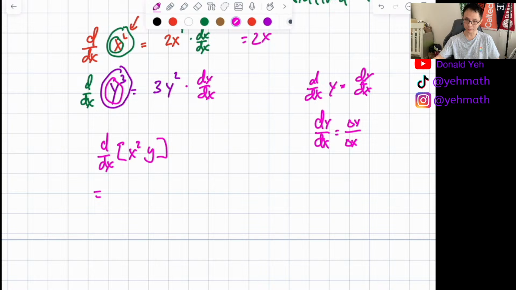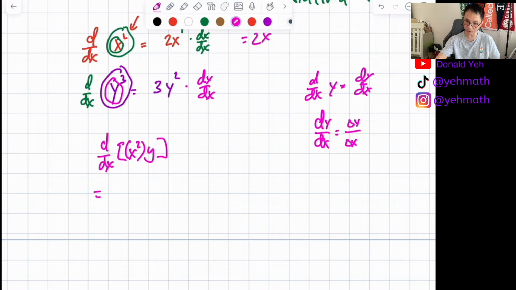Product rule. Good. So this means these two things are multiplied by each other, right? Because it's x squared times y. If it's x squared plus y, then it's not a product rule, but it's x squared times y. So there's a product rule. Now you've got to be careful. If you understand this part, you can understand pretty much a lot of things about implicit derivative. So right now, I'm just going to take the derivative with respect to x of the expression x squared y.